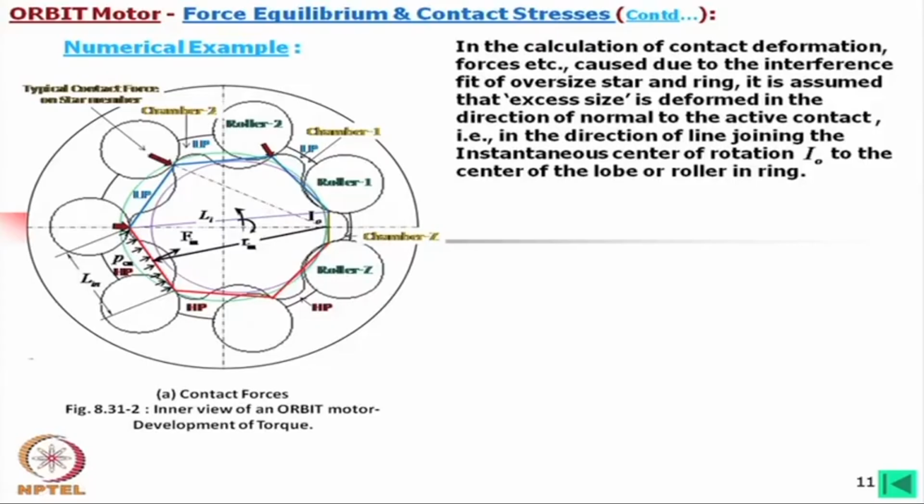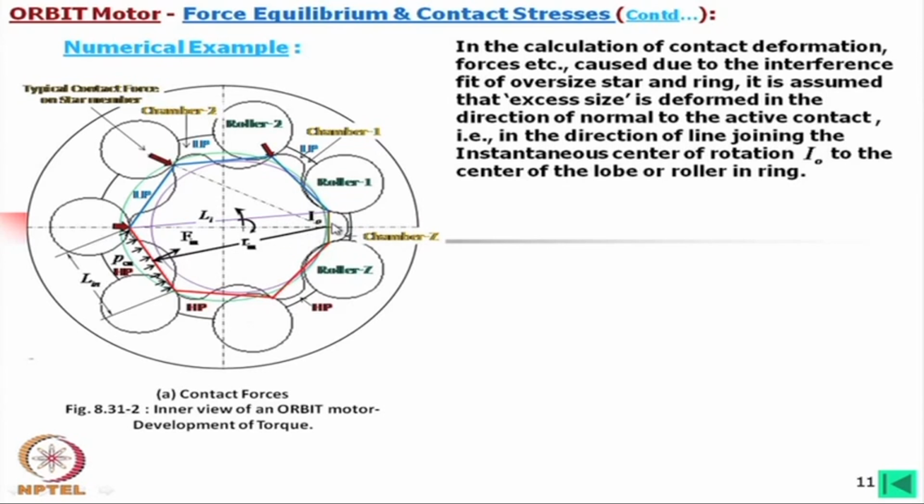What is that stable position? You will find one of the chambers will be either at the outer dead center or bottom dead center. Here you can say this is at the outer dead center. So, this is one stable condition.